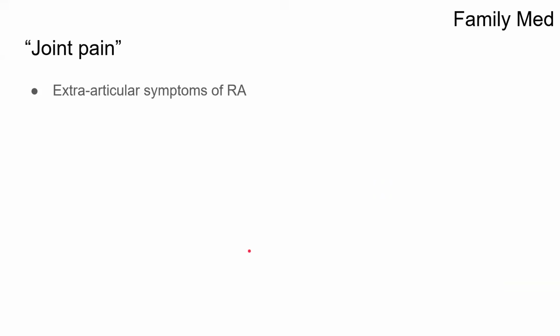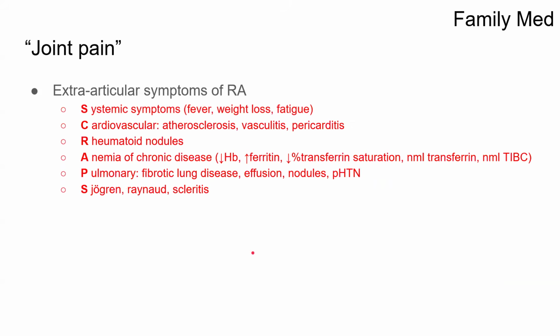Okay. The extra-articular symptoms of rheumatoid arthritis, there are a ton because it's a systemic inflammatory disease. So all of the body systems can be affected. So systemically, you can have fever, weight loss, fatigue. From a cardiovascular standpoint, you can have atherosclerosis. You can have coronary atherosclerosis, which can give someone a heart attack or heart failure. You can have vasculitis.